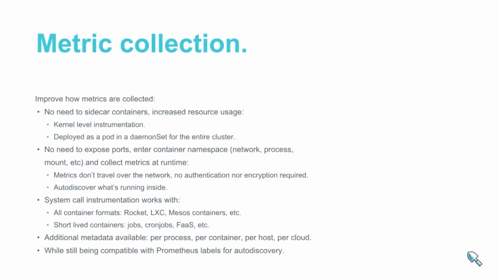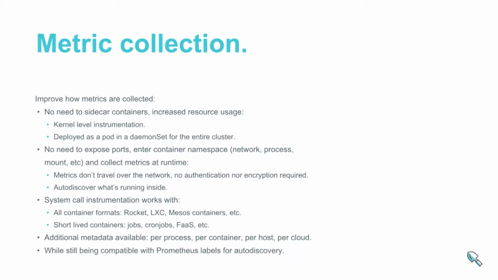So we can actually improve how metrics are collected. We saw before that Prometheus requires a sidecar container and exporter. If we just have a few containers, or our infrastructure is not really big, it's probably a marginal resource usage. But if our infrastructure is quite big, and we start adding up all the resources we invest just on sidecar containers, that can come with a significant cost.